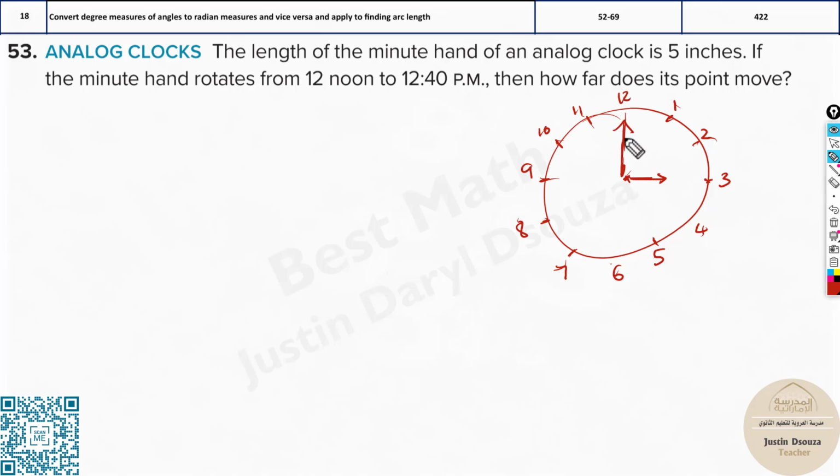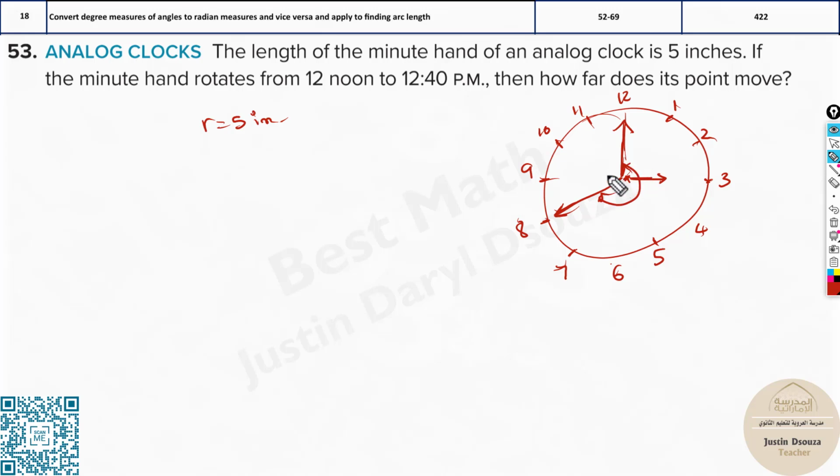That's basically the radius. So this is the radius, not the diameter, isn't it? So radius is given as 5 inches. If the minute hand rotates from 12 noon to 12:40, that means 40 minutes. It'll go over here. Can you see that? It has traveled so much.